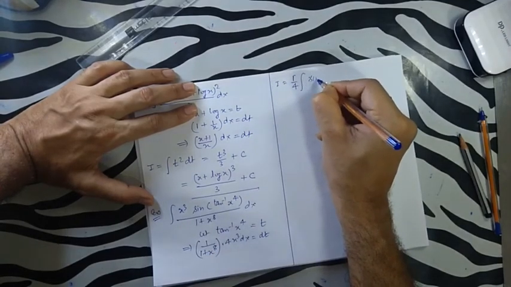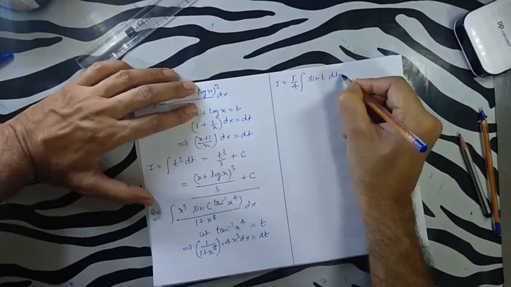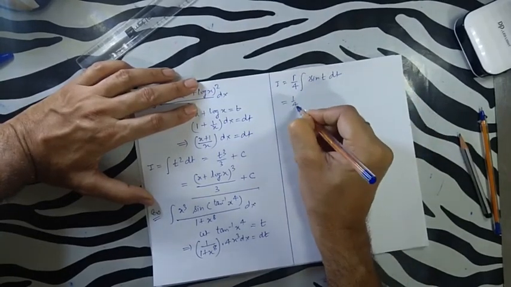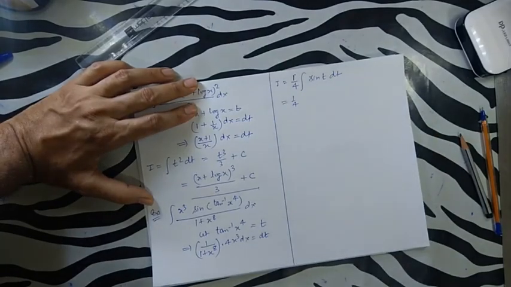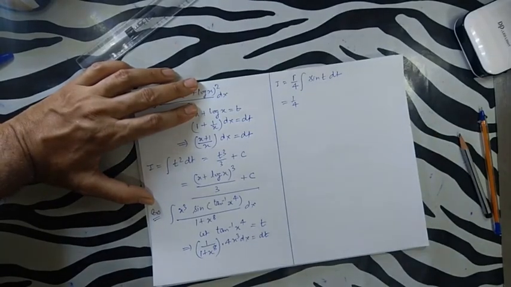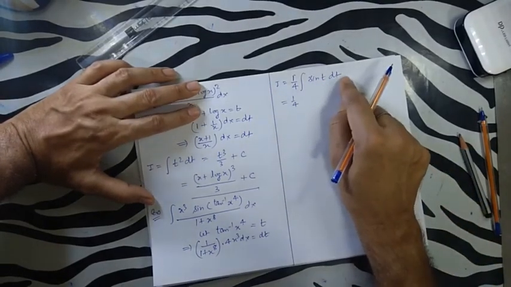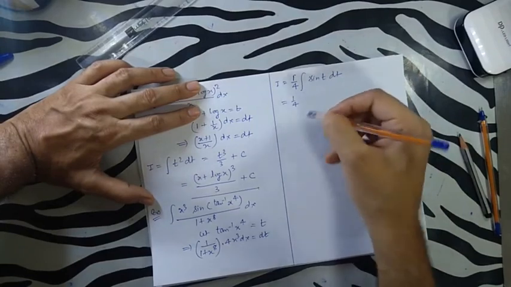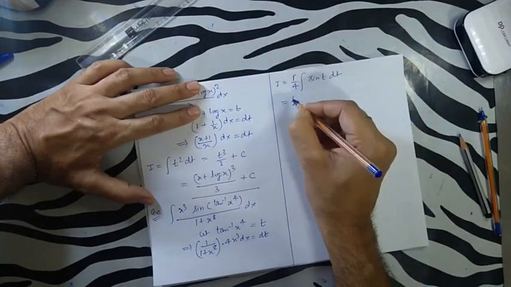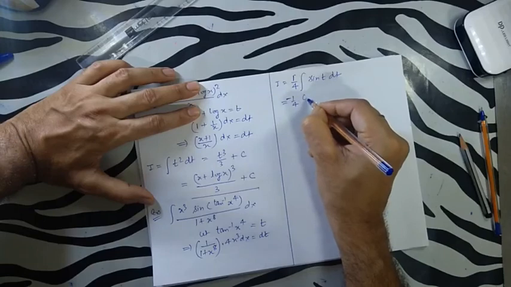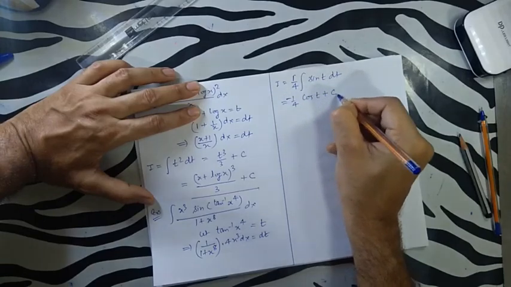So we'll get 1 upon 4 integration of sine t dt, and integration of sine x dx is equal to minus cos x plus c. So integration of sine t dt is equal to minus 1 by 4 cos t plus c.